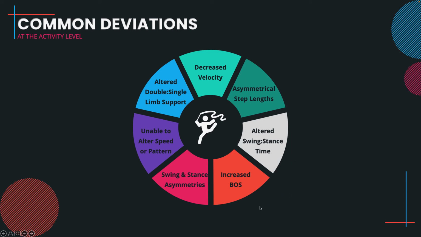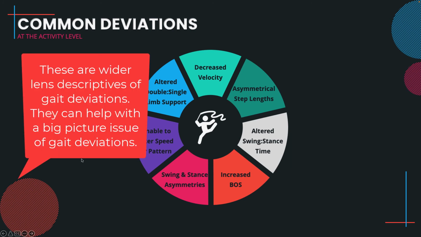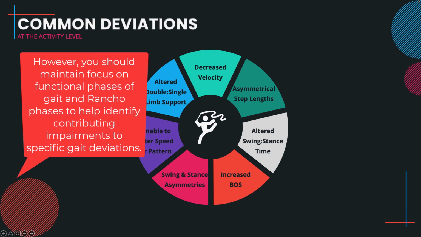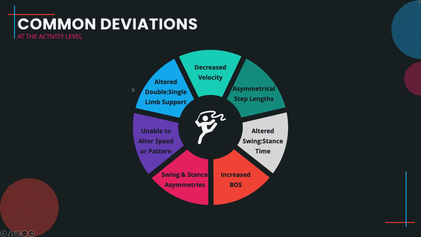So we might see their feet out wider than what would be normal. Swing and stance asymmetries. And so their swing time and their stance time might be normal on one leg, but then they might have more stance time on the other leg. More of a global observation here that they're unable to alter their gait speed or pattern, which has implications for community ambulation. And then altered double or single limb support.